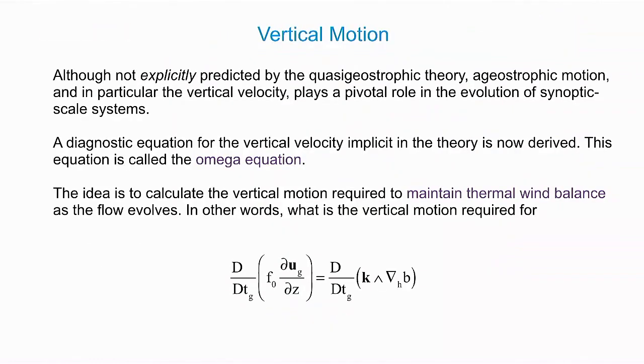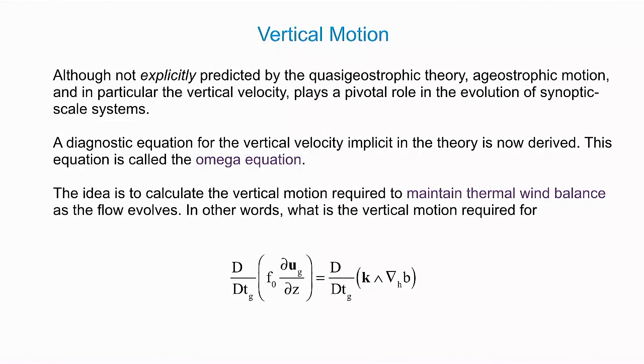So, although the vertical motion is not explicitly predicted in the quasi-geostrophic theory, it's implicit. It's got to be there. You can't just ignore it. And we're going to derive an expression for that vertical motion, and it's called the omega equation.